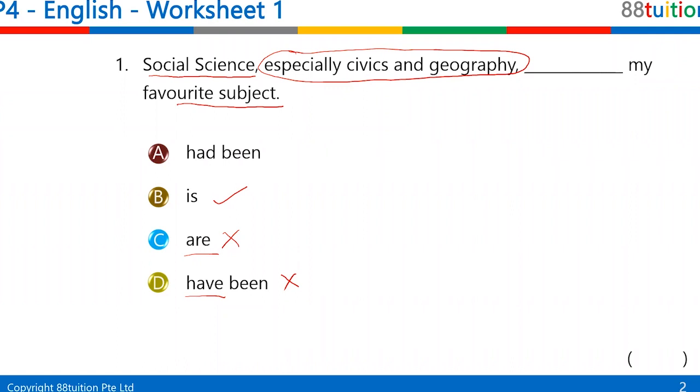So here had been is a bit confusing to have as an option, and it doesn't fit anyhow. Normally had been would have a verb after that, like I had been playing, I had been running, or I had been to Paris, for instance.